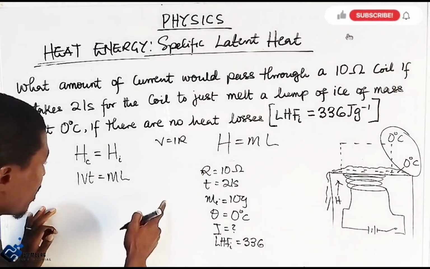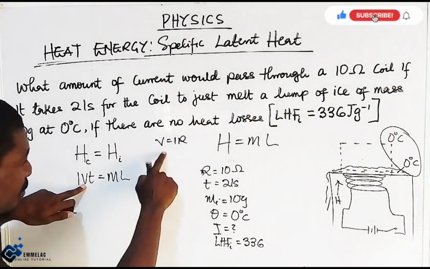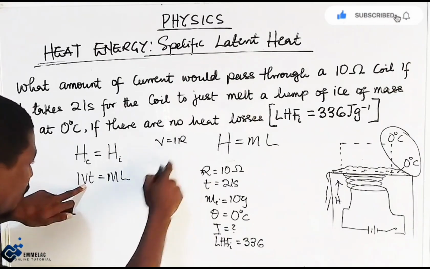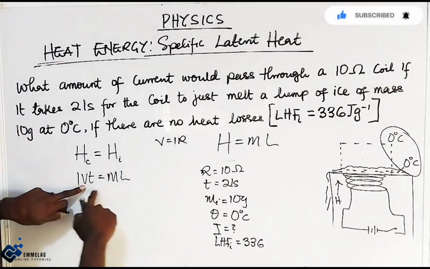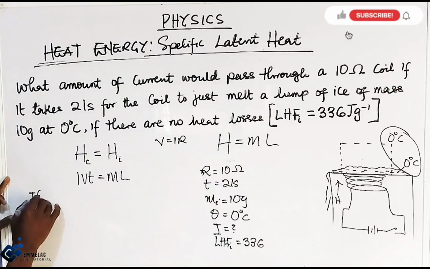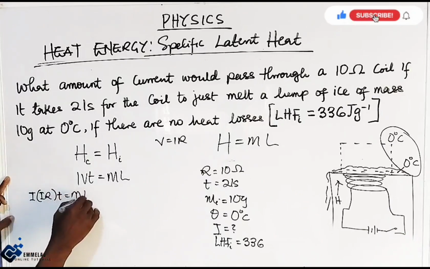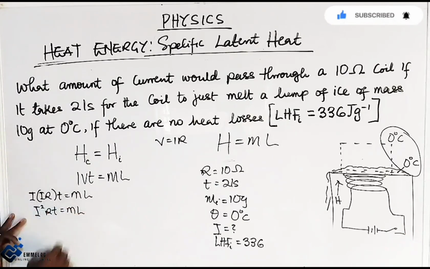Since V is equal to IR, let us plug in IR for V here. So you get I times IR times T equals ML. So here we have I squared RT equals ML. So we can now plug in.